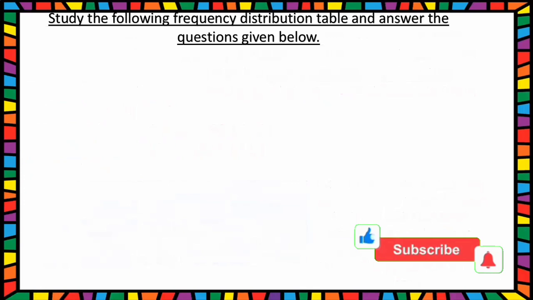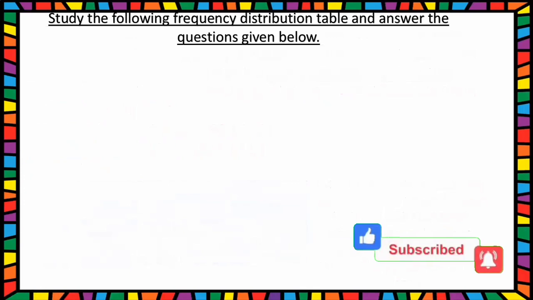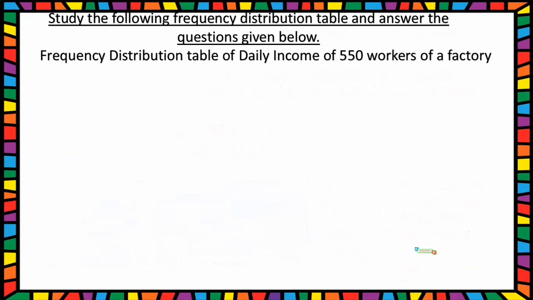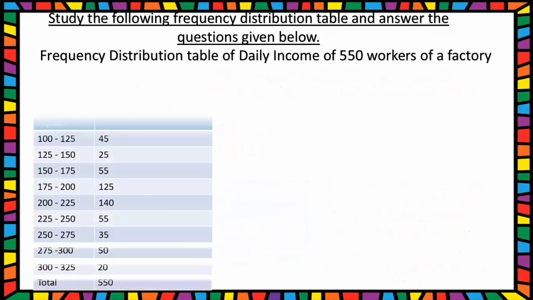Study the following frequency distribution table and answer the questions given below. Frequency distribution table of daily income of 550 workers of a factory.